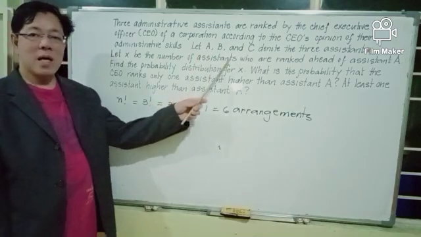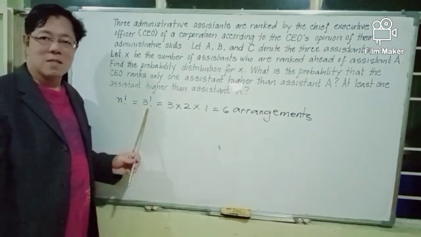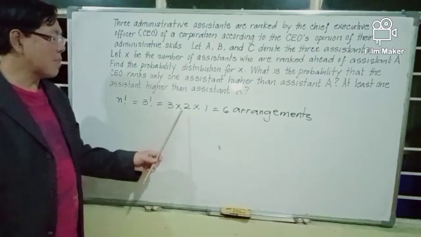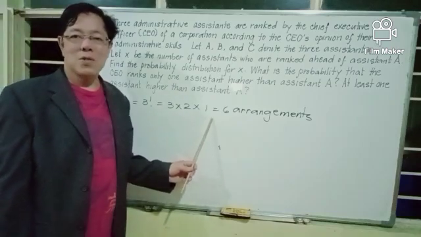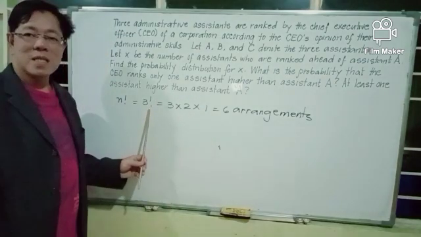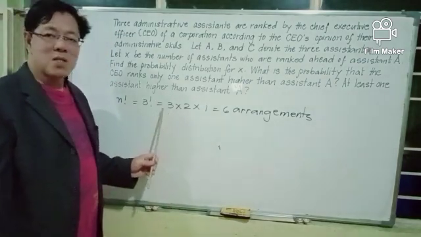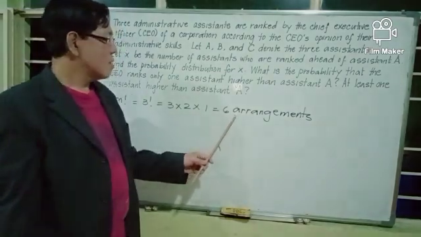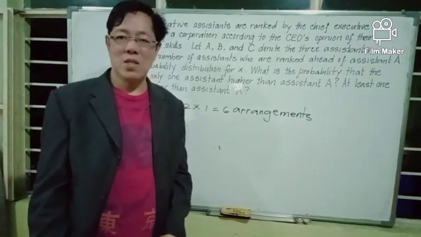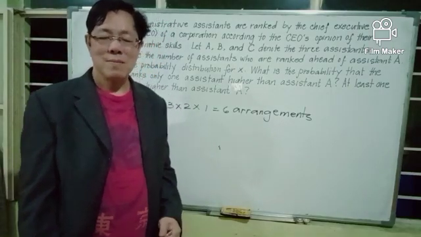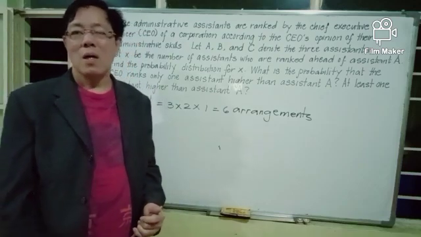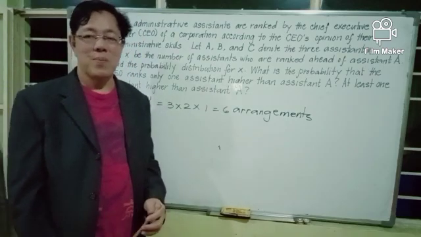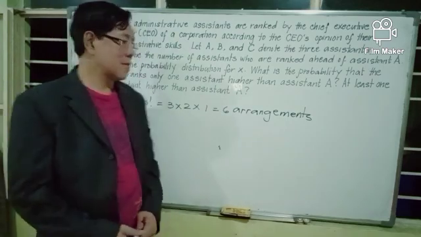In our example, n is 3, and 3 factorial is 3 multiplied by 2 multiplied by 1, which equals 6. So we have 6 possible arrangements of the 3 assistants A, B, C, and we list these 6 permutations as our events.